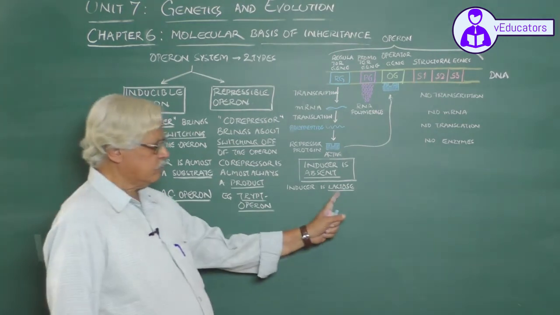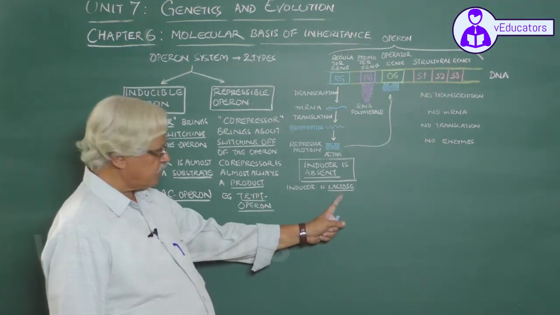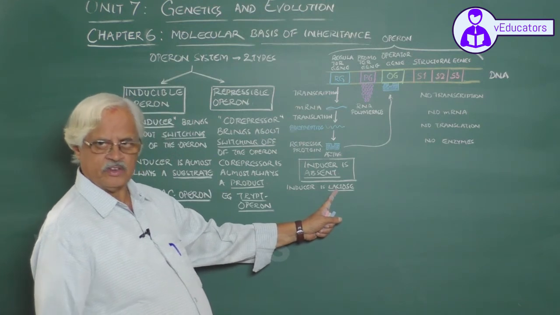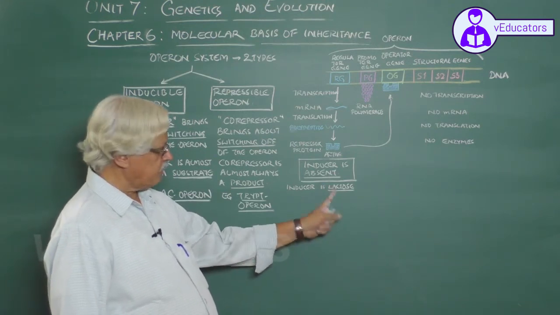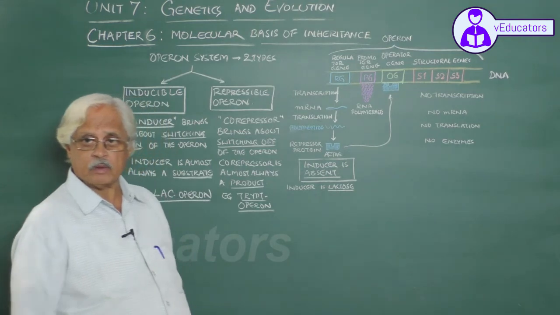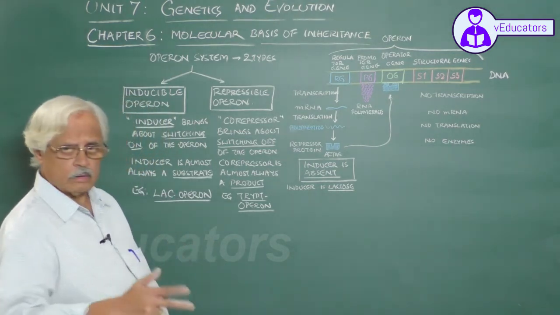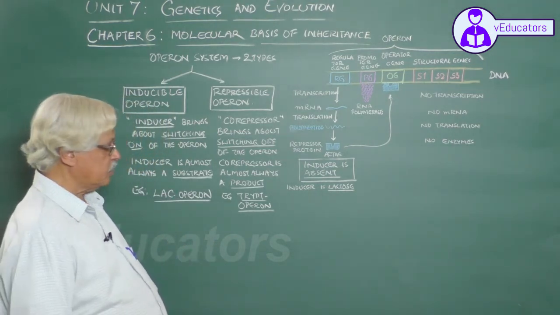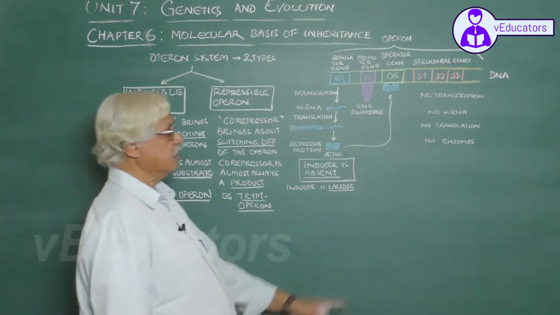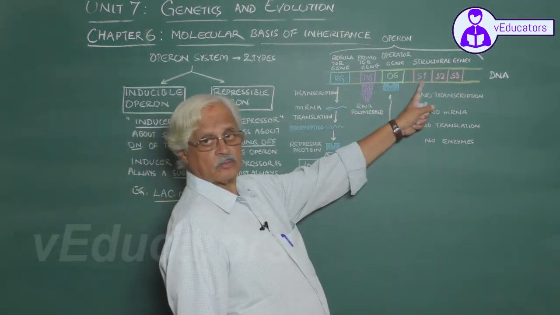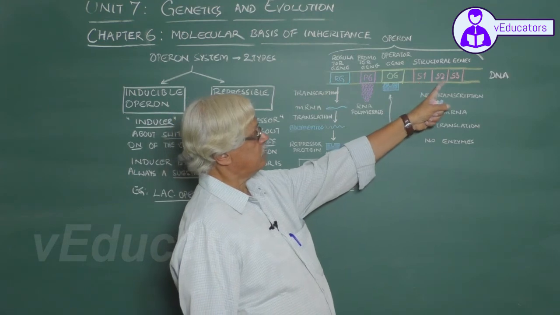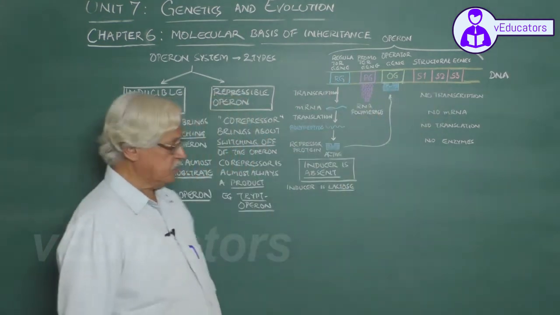On the other hand, if lactose is available to the bacteria, then the bacterial cell has to break down this lactose, and that breakdown requires 3 enzymes to be synthesized by 3 structural genes.